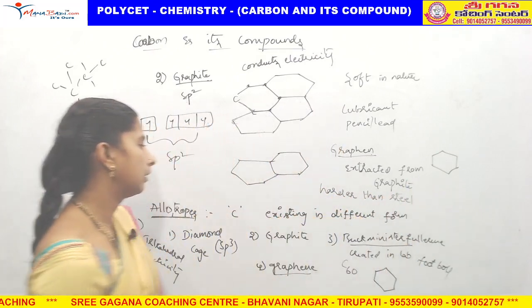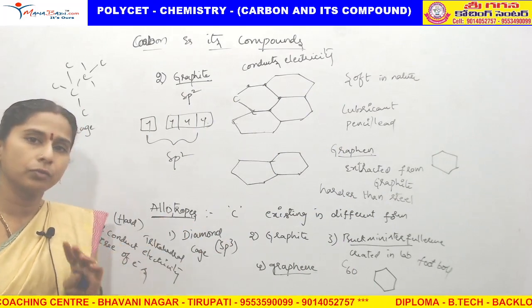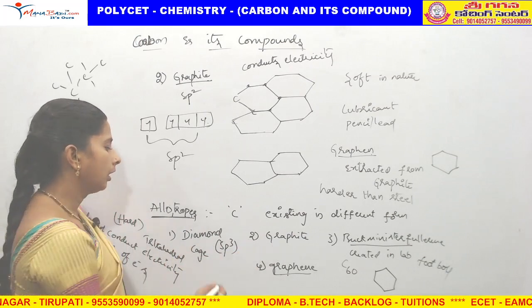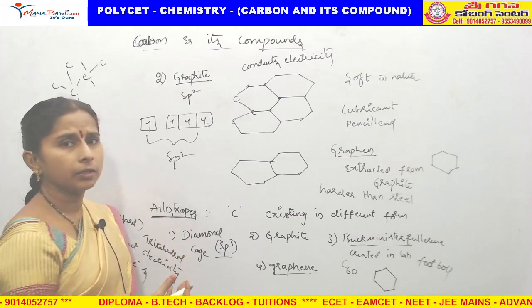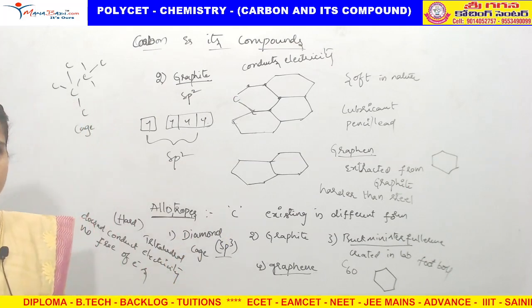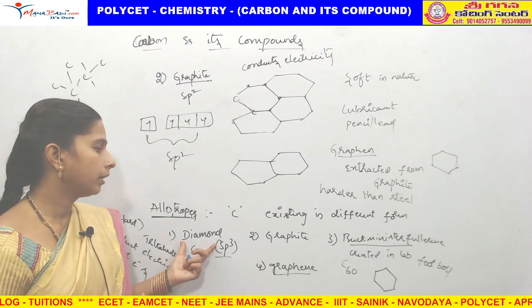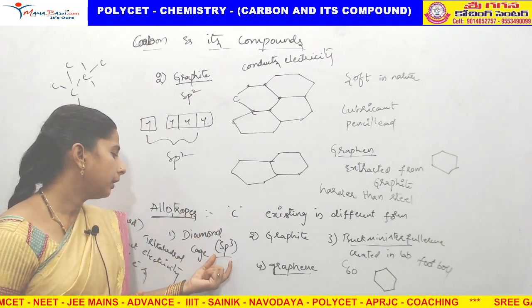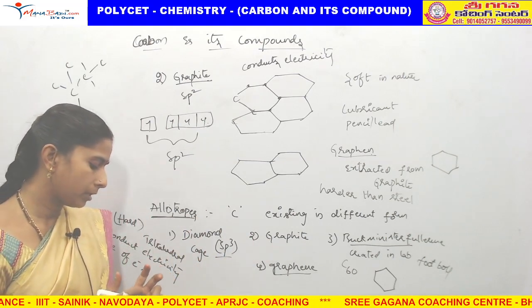So these are the allotropes of carbon, 4 types of allotropes. One is diamond. Graphite is very important. In these, they may ask questions: diamond is used to cut hard objects and in jewels. In diamond there is sp3 hybridization, in graphite sp2 hybridization.